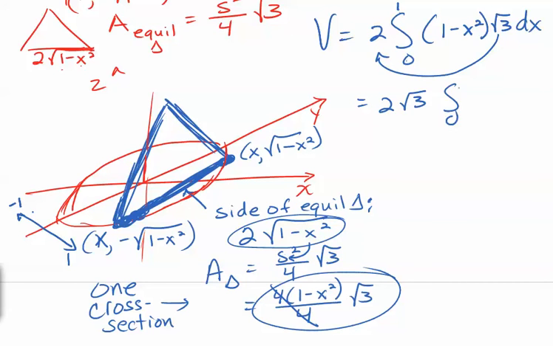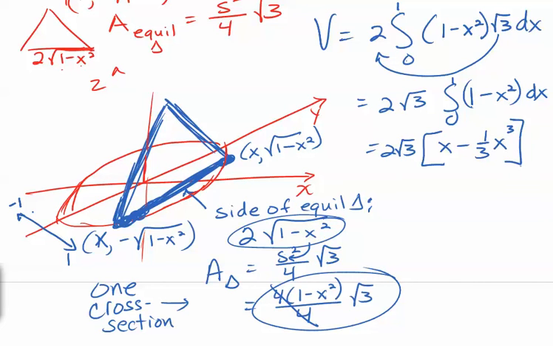And then you're ready to do your antiderivative. So integrate, keeping this 2 radical 3 out in front. 1 is the derivative of x, and here we raise the exponent to 3 and divide by it. We evaluate from 0 to 1, nothing to it.